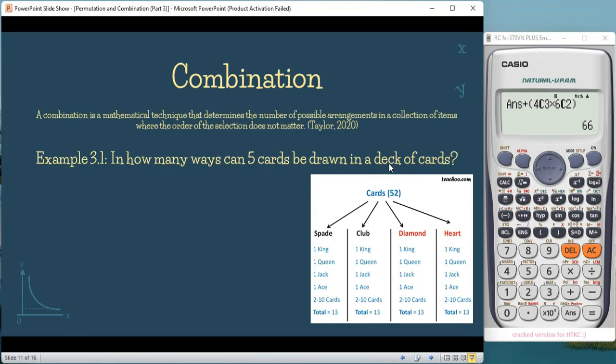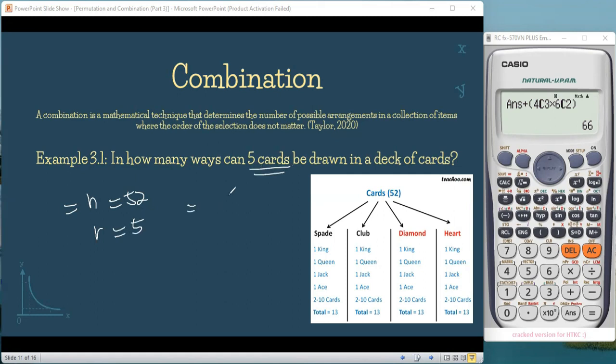So using our examples a while ago, I want you to try it for yourself. You can pause this video and try to solve how many combinations there are if we want 5 cards out of 52 cards. So I hope you've tried it. So let's solve. We have n equal to 52 and we need 5 cards, so r is 5.